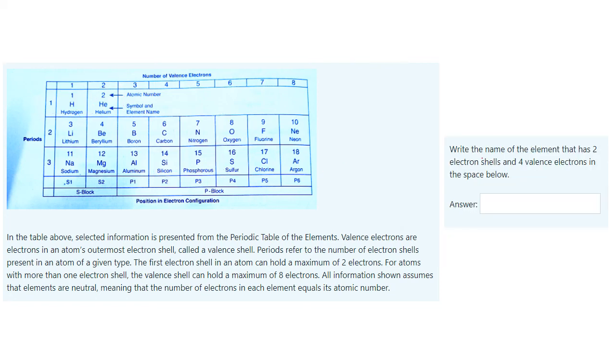Finally, write the name of the element that has 2 electron shells and 4 valence electrons. So, firstly, the 2 electron shells. 2 electron shells are going to be here. So we can only be looking at this middle row from the table.